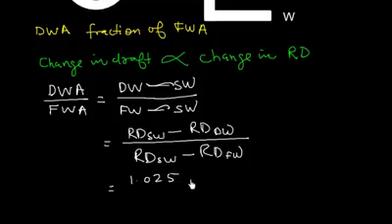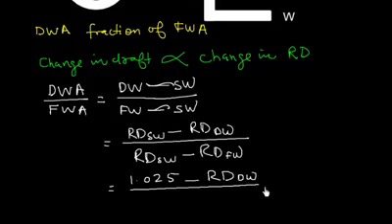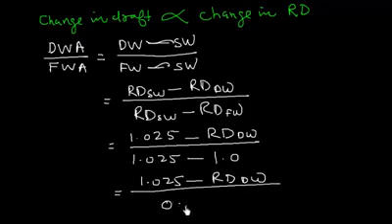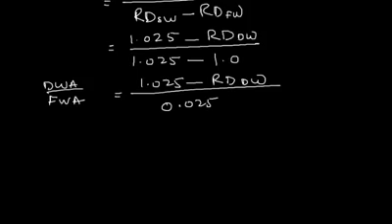RD of salt water, we know it very well, it is 1.025. And RD of dock water has to be between fresh water and salt water, divided by RD of salt water, which is 1.025, minus fresh water, which is 1. So this gives me a relationship that 1.025 minus RD dock water divided by 0.025 is equal to dock water allowance divided by fresh water allowance.